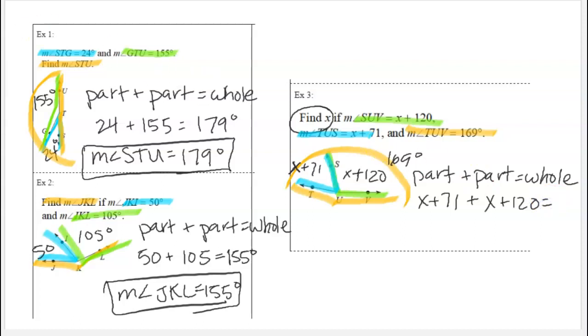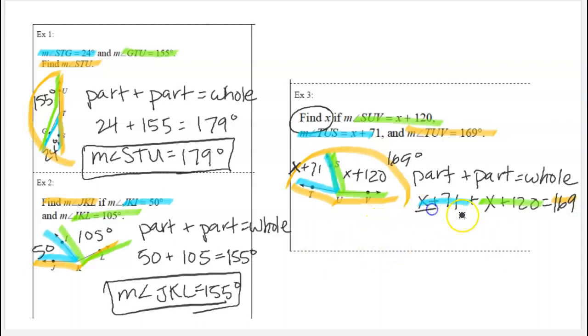And I'm going to go ahead and highlight those to be very clear that this part came from the blue angle and x plus 120 came from the green angle. All right, now that's going to equal our whole. And our whole here is the whole angle 169.